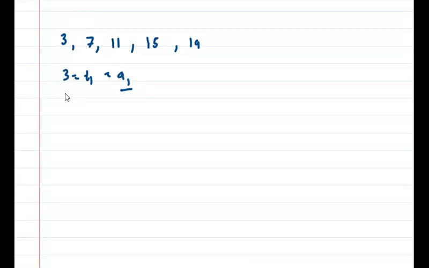Right? Now, if you think about it, you can say, okay, every term is increasing from the previous term by a factor of 4, which means 7 minus 3 is equal to 4. 11 minus 7 is equal to 4. 15 minus 11 is equal to 4. Okay, means there is a common difference.